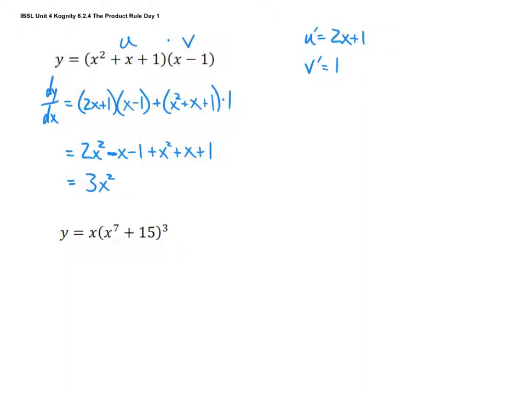Okay, the derivative of that first half there is 2x plus 1. What's v prime? 1. Okay, so when you do u prime v plus uv prime, you need to do some foiling and combining of like terms, but what do you end up with at the end? 3x squared. Just a 3x squared is what you should end up with at the very end.